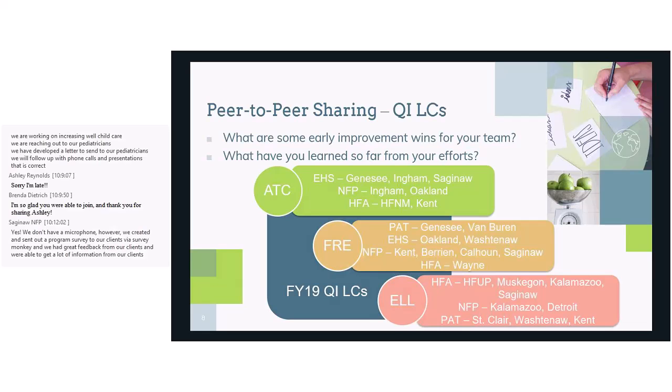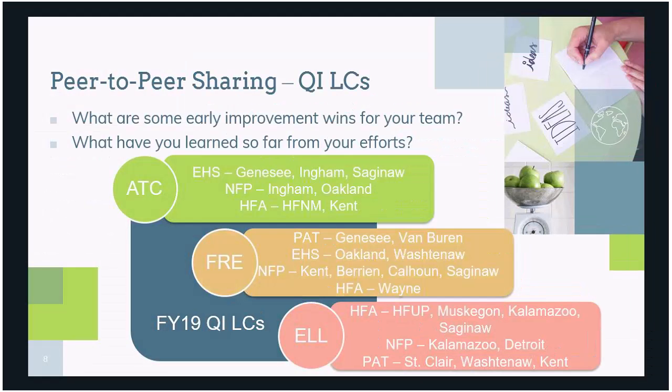Hi, this is the Van Buren team, Van Buren Parents as Teachers. We focused on building a trusting relationship. One of the things our data told us was that it didn't appear our home visitors were doing a very strong job of communicating with families when they had missed visits.